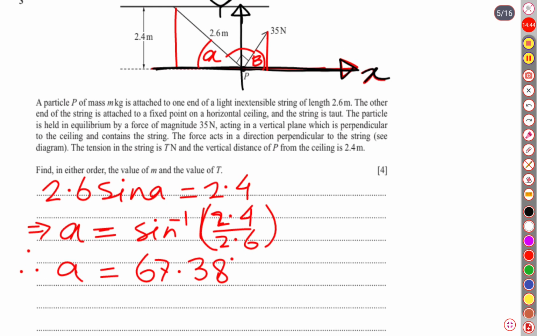Hence beta is going to be 90 minus 67.38, which is 22.62 degree. So these are the measures of the angles.